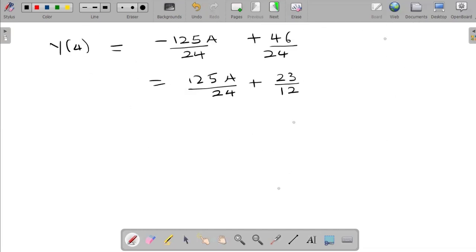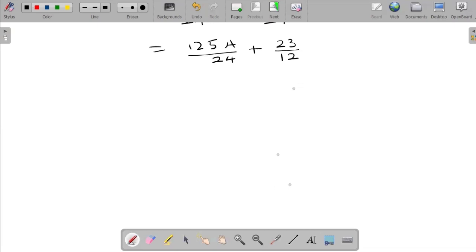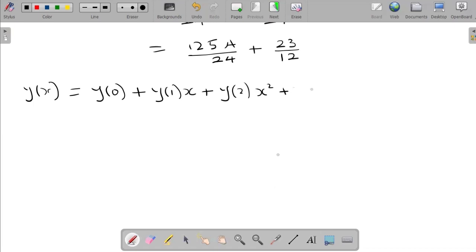So bringing all the terms together, we write it as this: y of x equals y of 0 plus y1 x plus y2 x squared plus y3 x cubed plus y4 x raised to power 4.